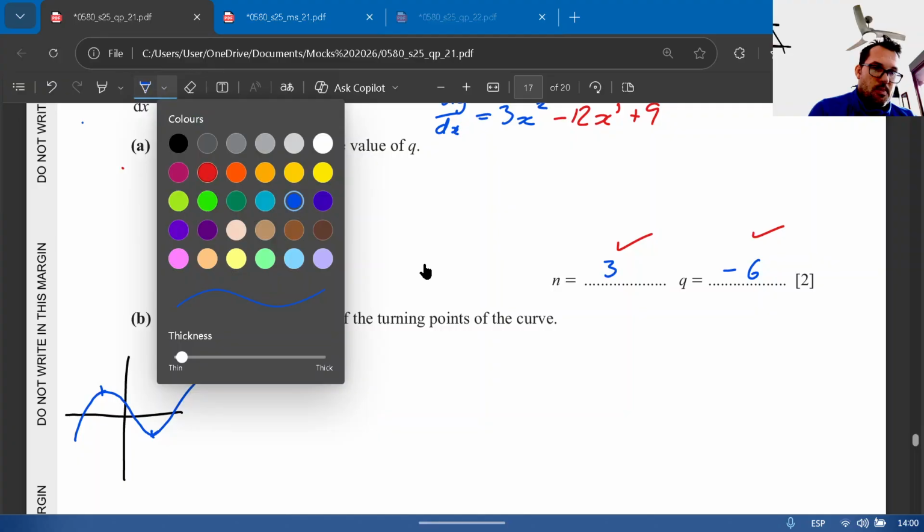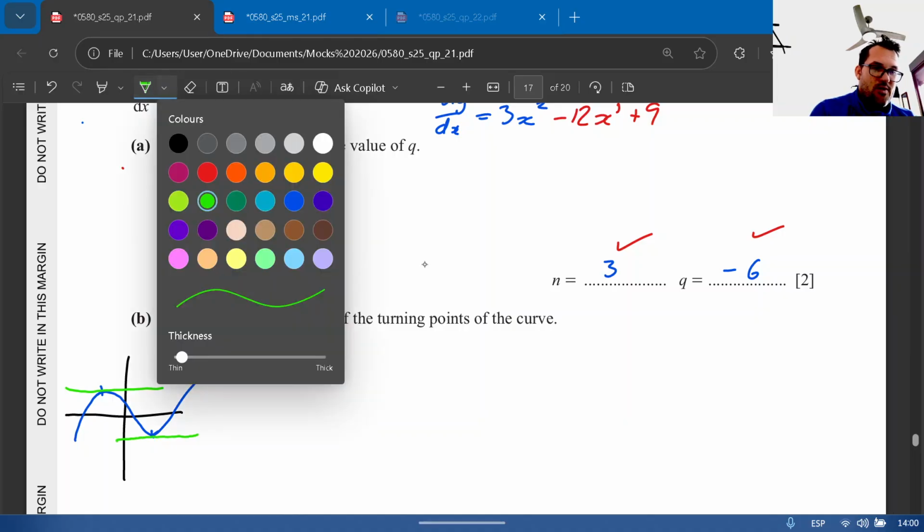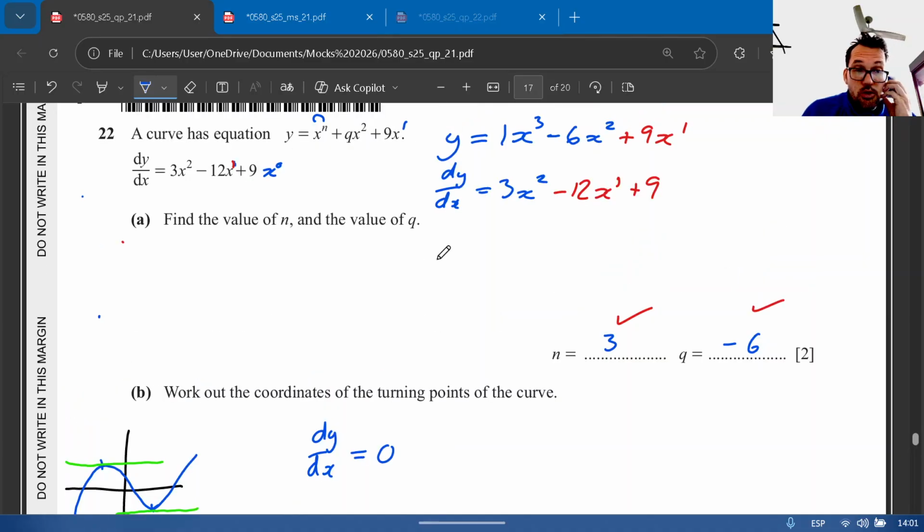Now, the tangent to these will be a line like this, two horizontal lines. Horizontal lines have a gradient of 0, so that means dy over dx is 0. The gradient of those turning points is 0. But this is also the gradient. There it is, they've given it to us.